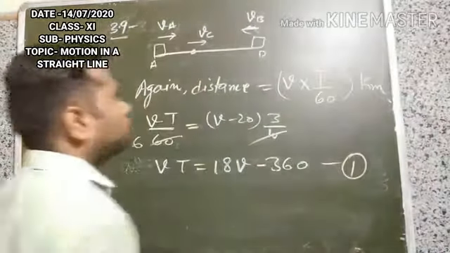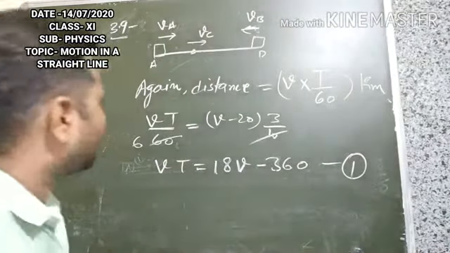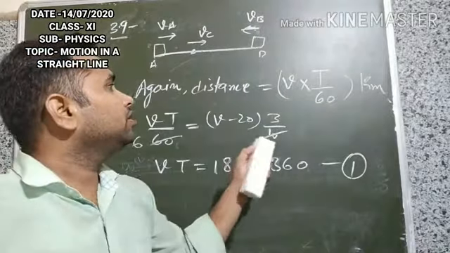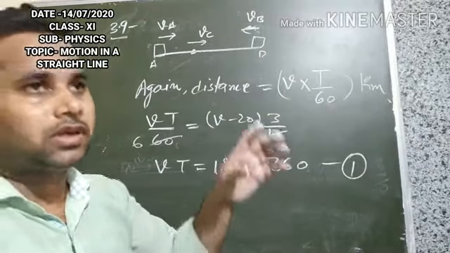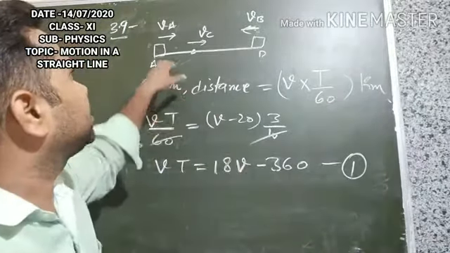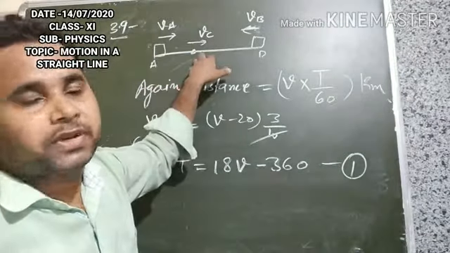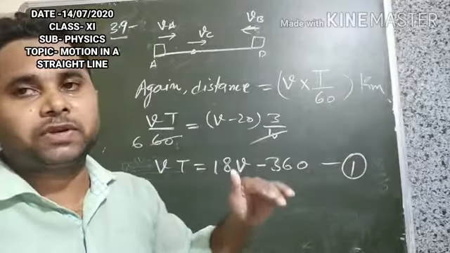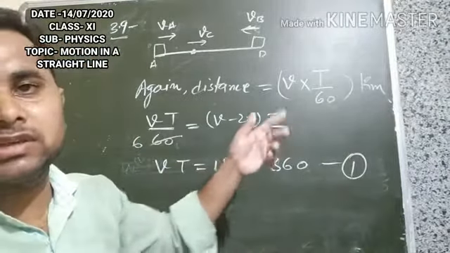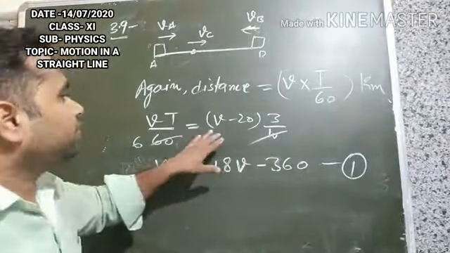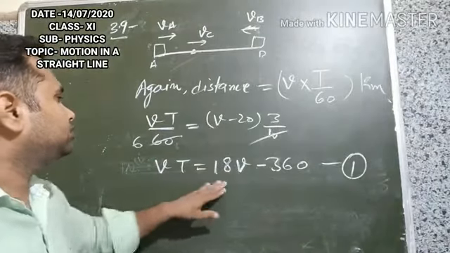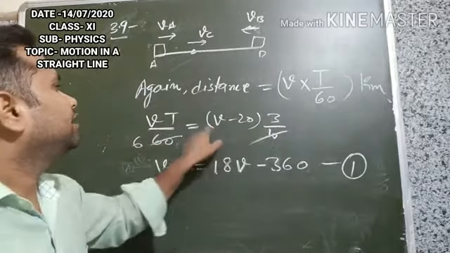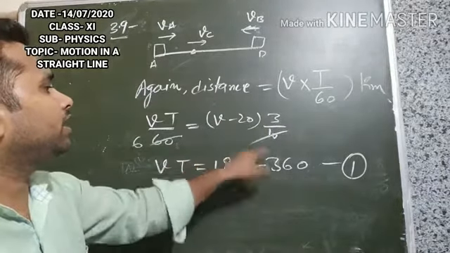Equation number 1. We have equated here the two terms, the distance traveled by the bus with its original speed and the distance traveled by the bus with relative velocity with respect to the cyclist. Both have traveled the same distance, so we have equated both. So the relation is Vt equals 18V minus 360.